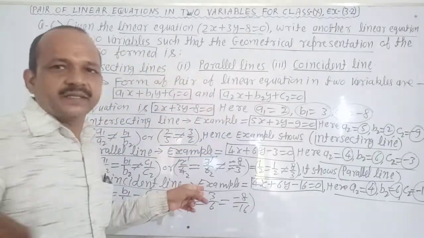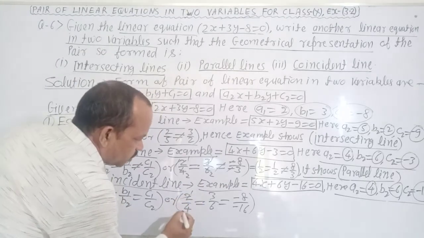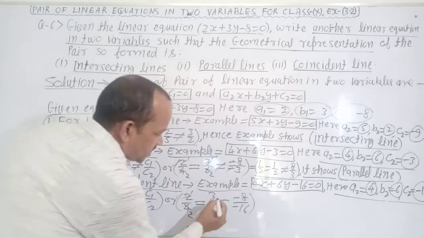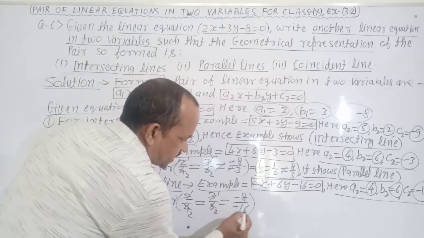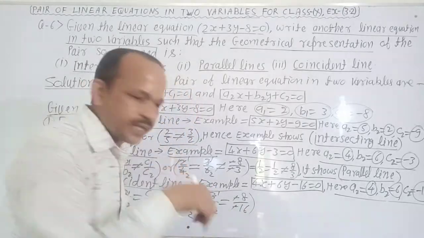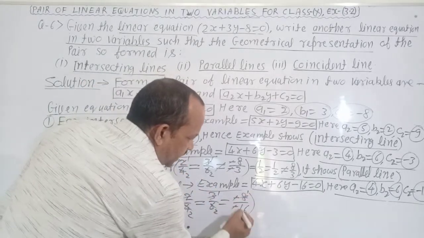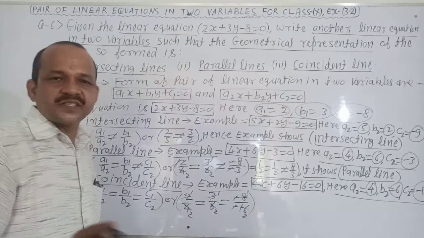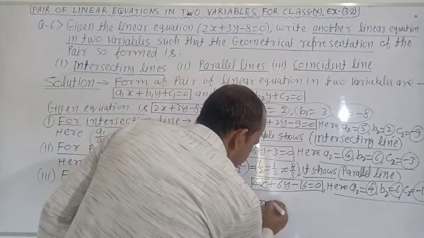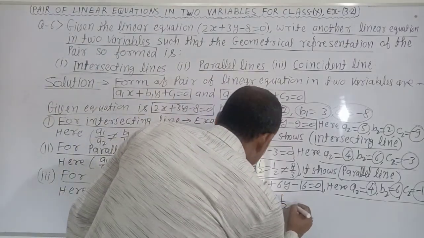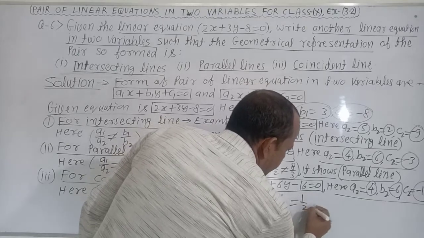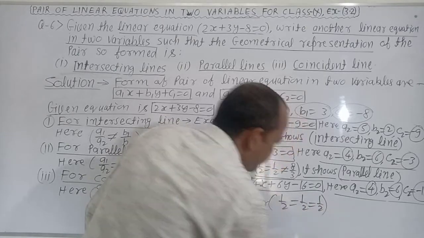You can cut it: 2 1 ja 2, 2 2 ja 4, 3 1 ja 3, 3 2 ja 6, minus and minus cut, 8 1 ja 8, 8 2 ja 16. Or 1 by 2 equal to 1 by 2 equal to 1 by 2.